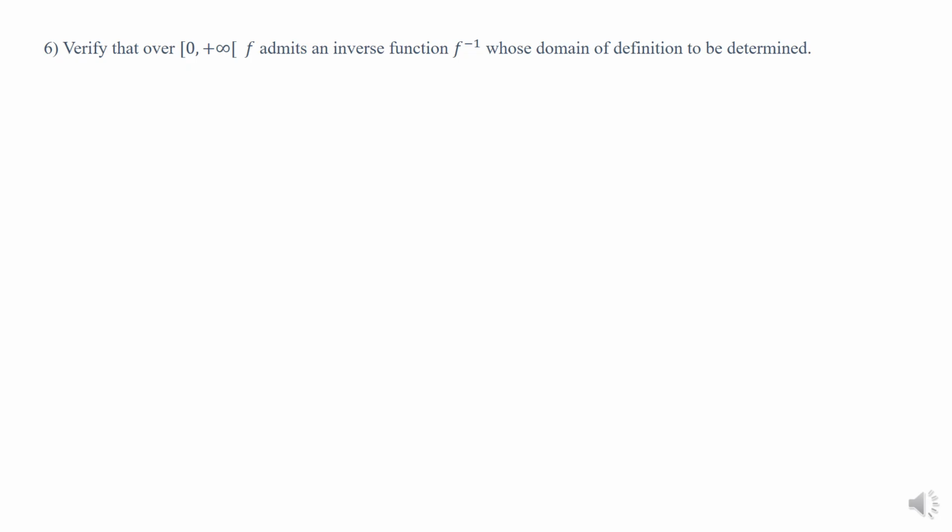Part 6. Verify that over 0 plus infinity f admits an inverse function f minus 1 whose domain of definition is to be determined. Now for a function to have an inverse function, it should be continuous and monotonic. Now f of x is equal to 6 over 3 plus x power 2. It has no discontinuity. f is a continuous function.